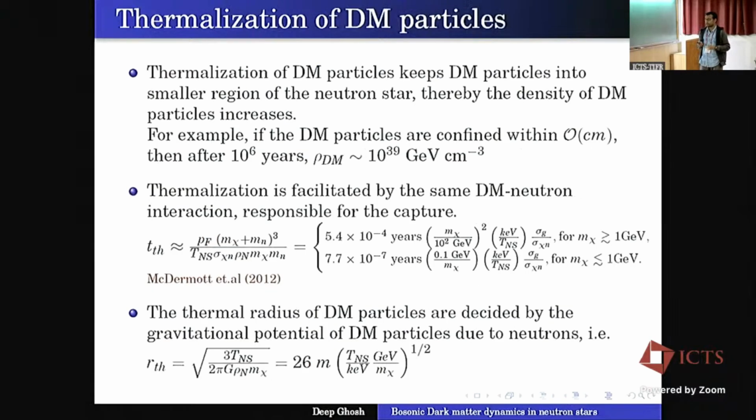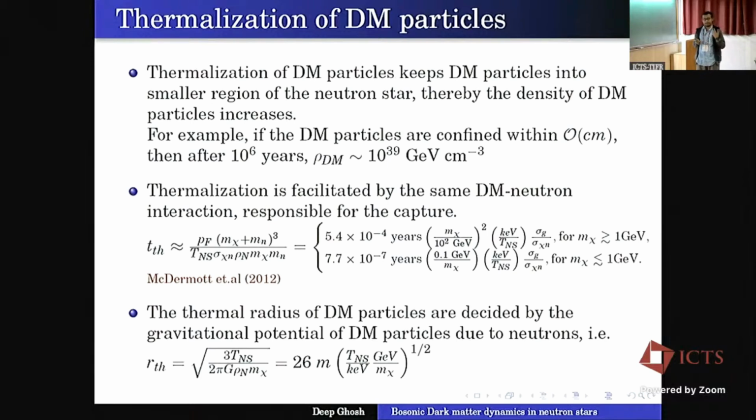So what should then happen? If these dark matter particles thermalize within the neutron star, then they can be packed into a very small, tiny region, and then it can be self-gravitating.